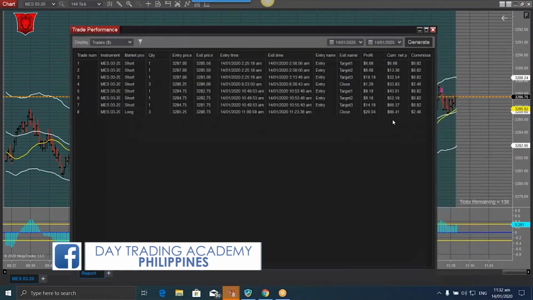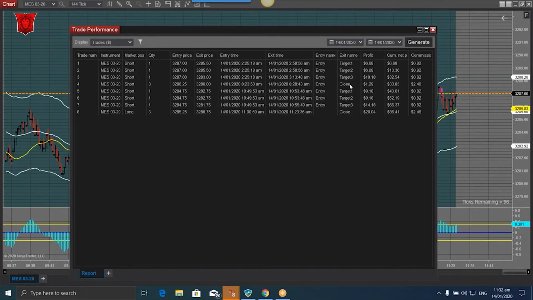It shows right there $20. Manual close. So there's 1, 2, 3, and 4 trades. Total of $86.41 net of commissions. So that's what I am at, and I am going to end it for today.